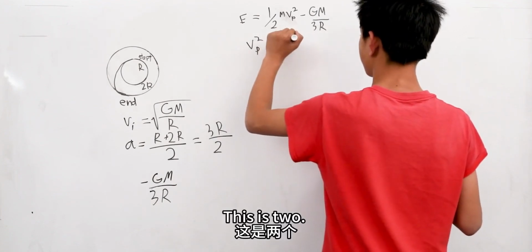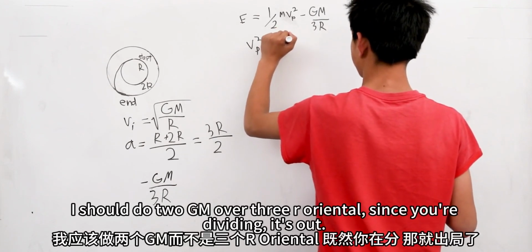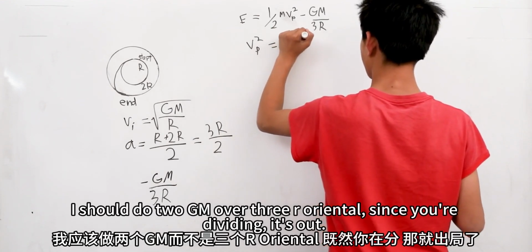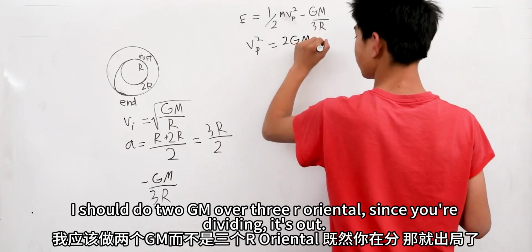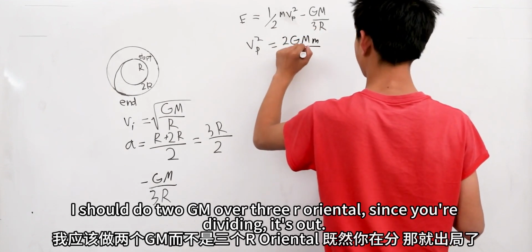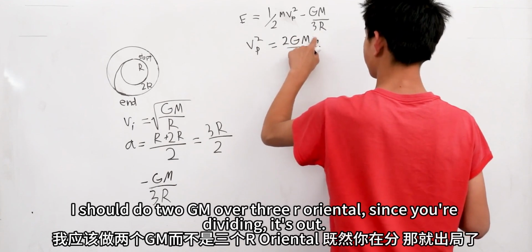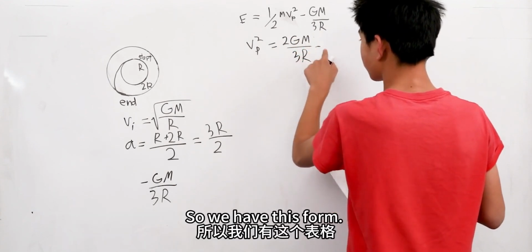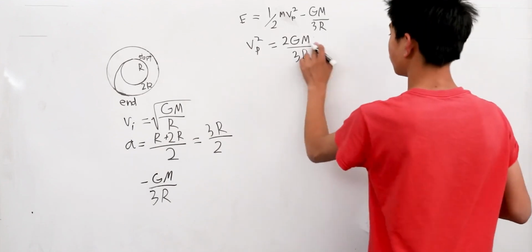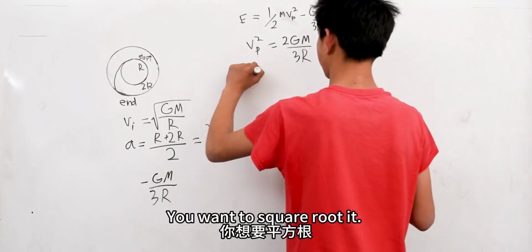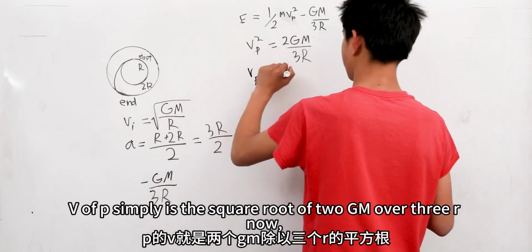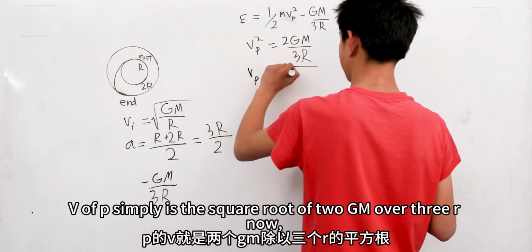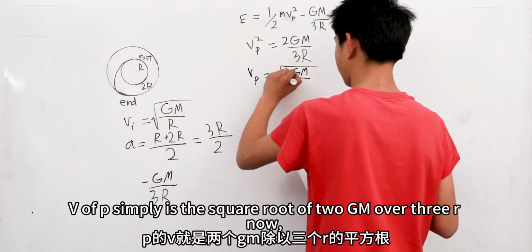So this is 2GM over 3r. Since you're dividing, the m is out. So we have this form now, and you want to square root it, so v_p simply is the square root of 2GM over 3r.